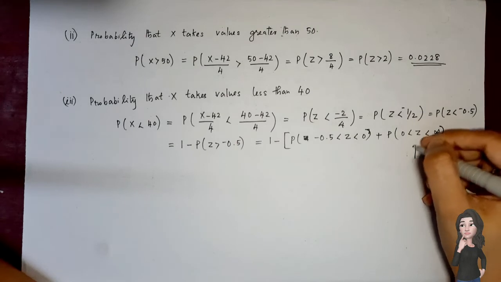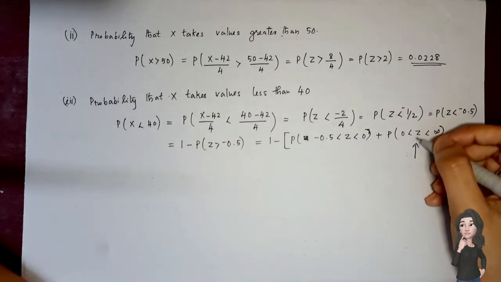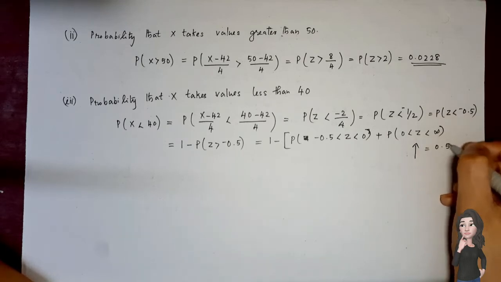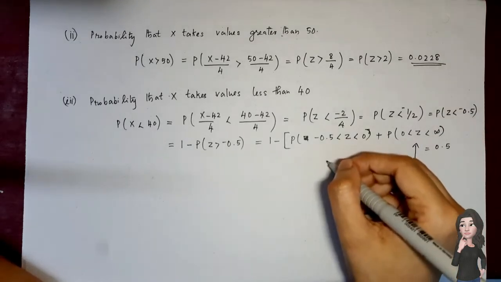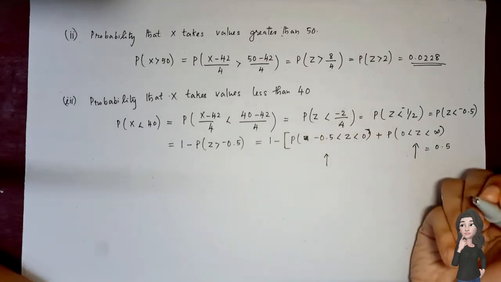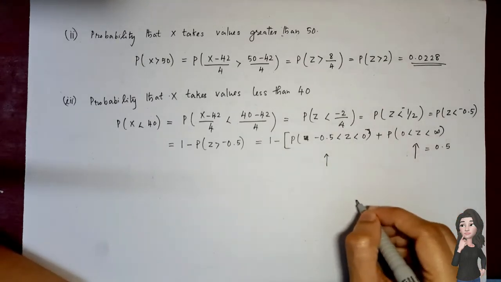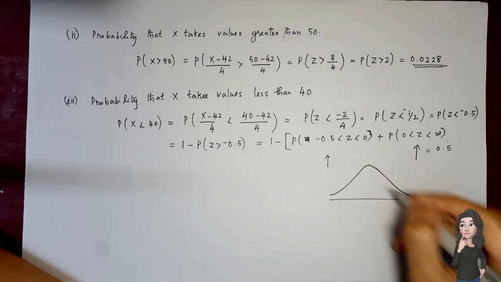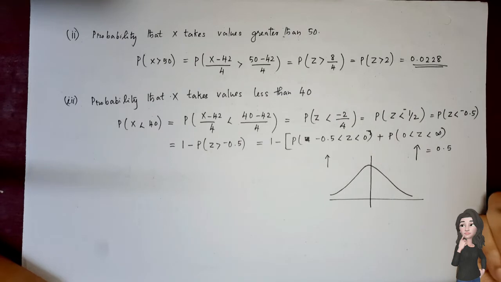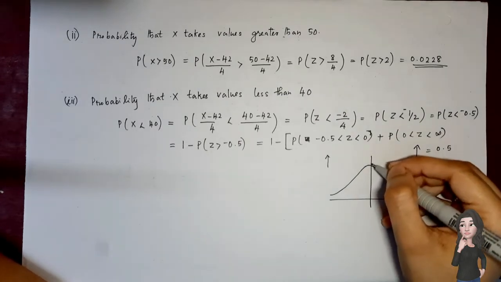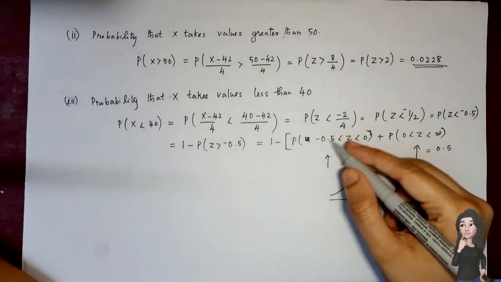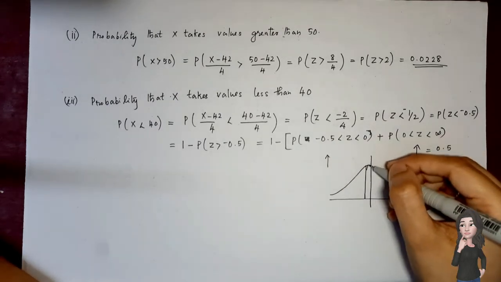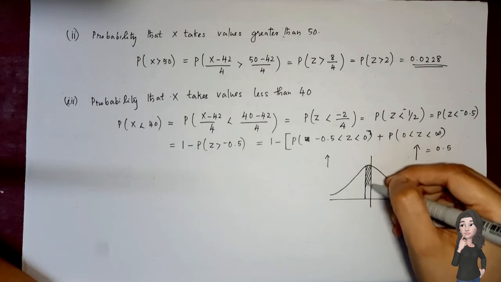We know this value is the probability of z greater than 0, which is equal to 0.5. Now what we require is to find this. Minus 0.5 is somewhere here and we are required to find this area.